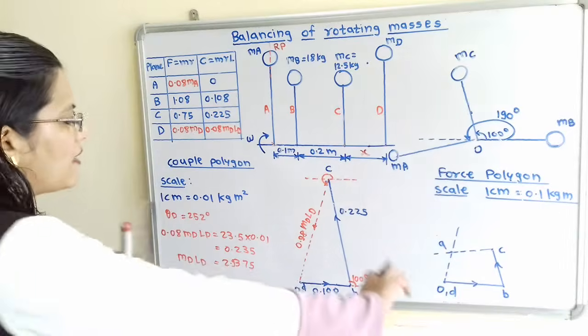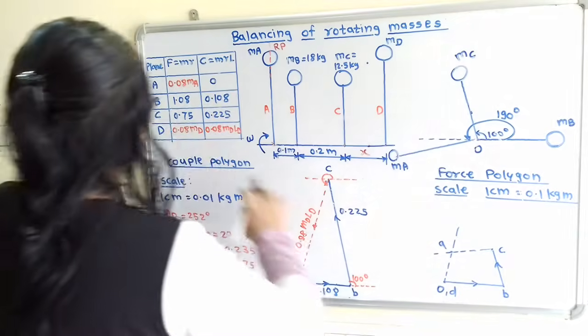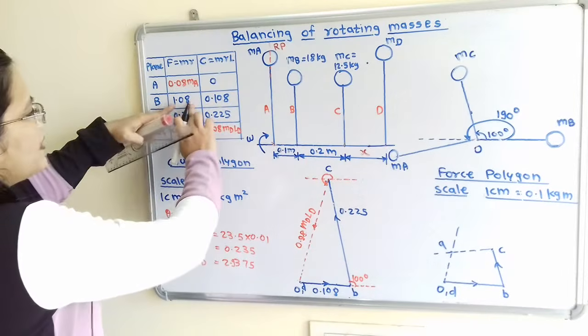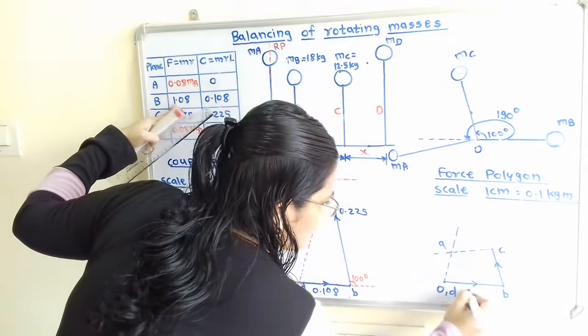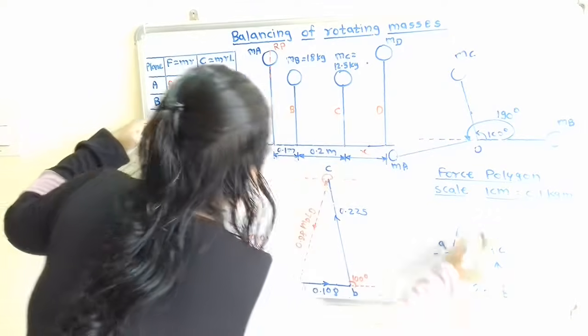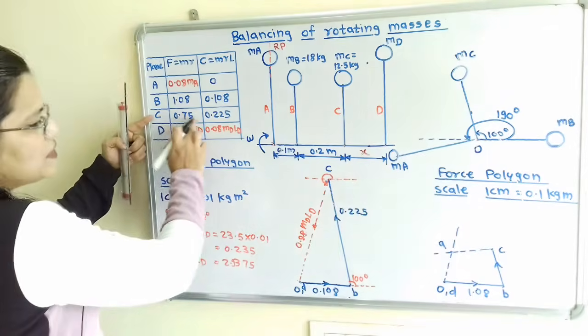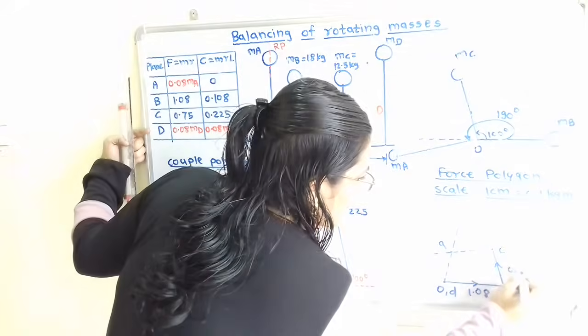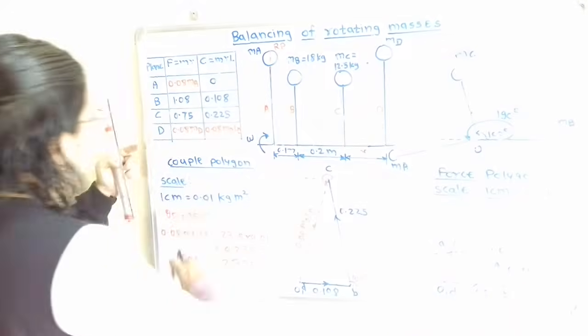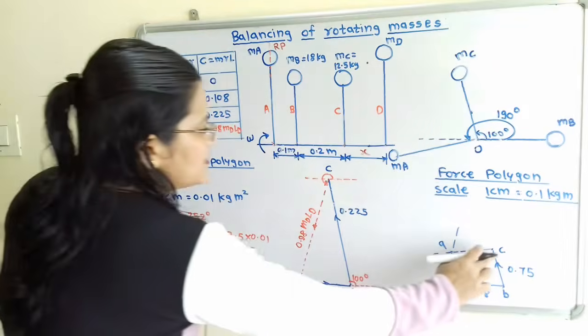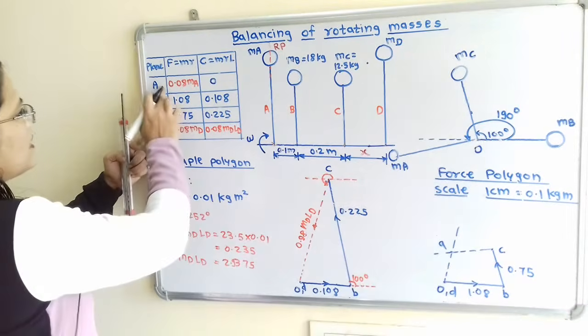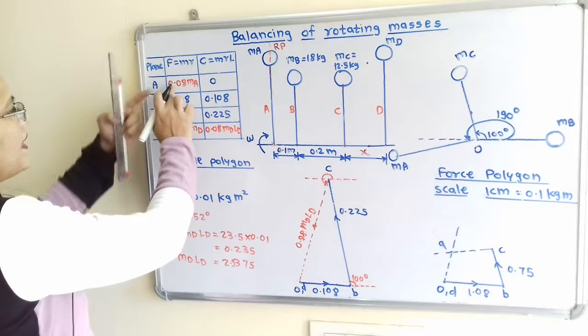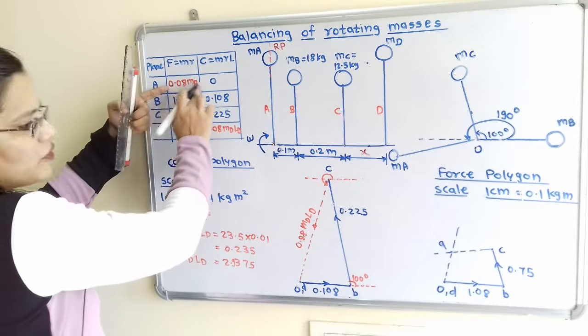Now what is the value for this O to B? So value for this O to B is 1.08. So I will mention here. Then value for this B to C, it is 0.75. So I will mention here. Then value for this C to A. So for C to A, that means it is for plane A, and it is 0.08 MA.